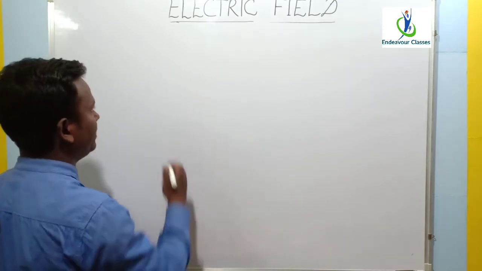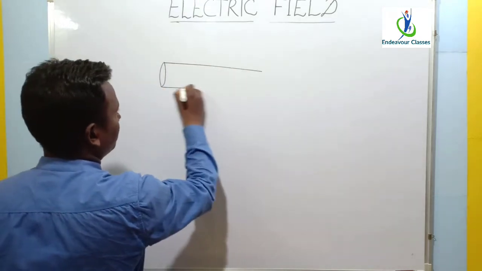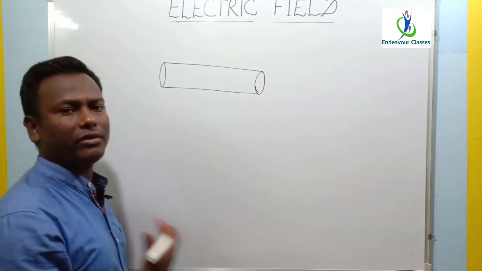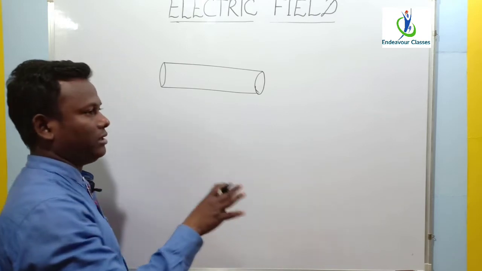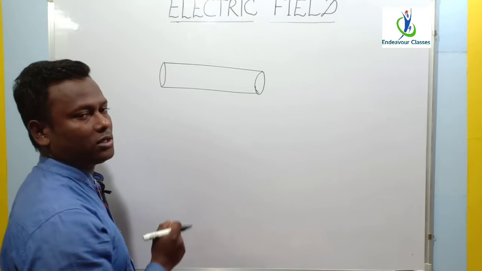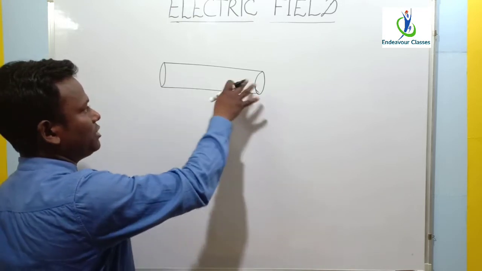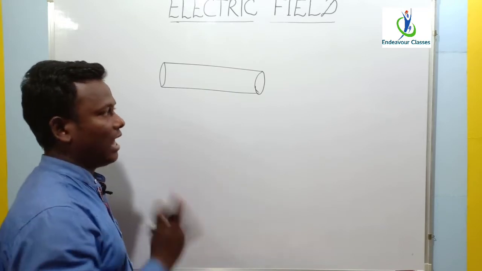If we have a conductor, then we have many free electrons inside it, but in the neutral or normal state, the conductor does not carry electric current. That means there is no flow of electric current inside the conductor when it is lying freely.